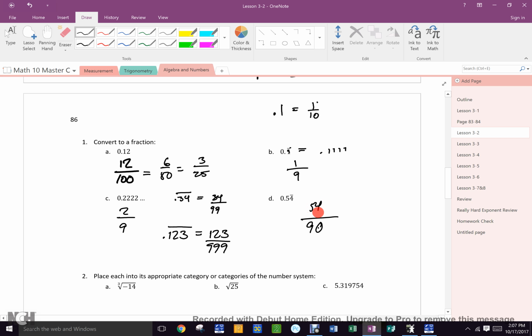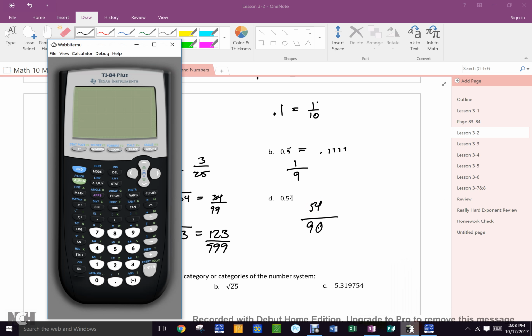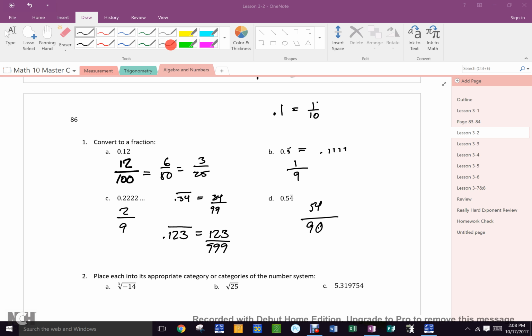Let's try it. Let's go to our calculator. 54 divided by 90. Darn. Can't be 54. Let's think about it. We could do guess and check, couldn't we? Should we go up or down from 54? Down?